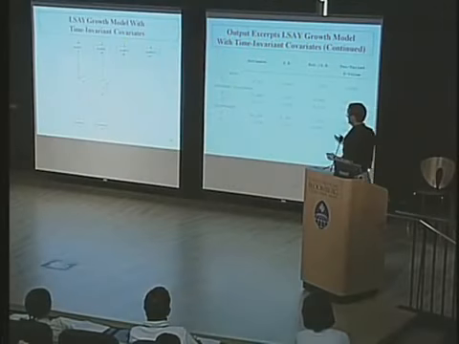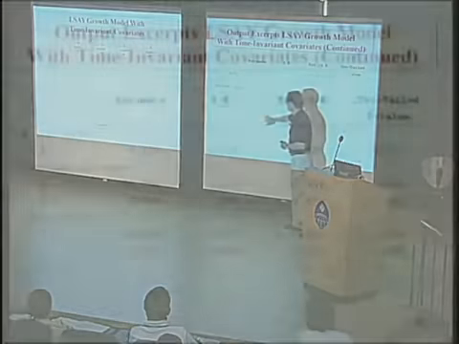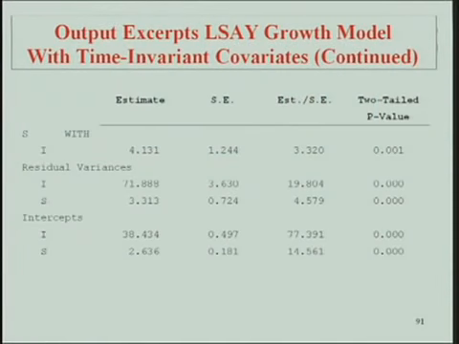Because if you remember, these are the alpha 0 and alpha 1 intercepts in the regression of I and S on W. So this says that there's a lot of variation left in I, unexplained by the covariates, and a lot of variation left in S, unexplained by the covariates, significantly so.